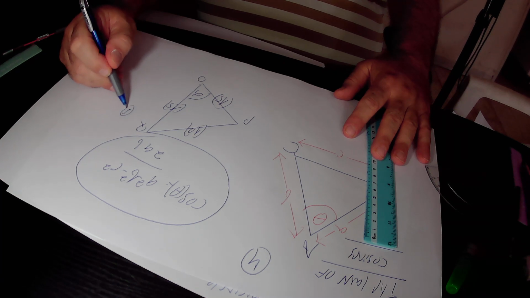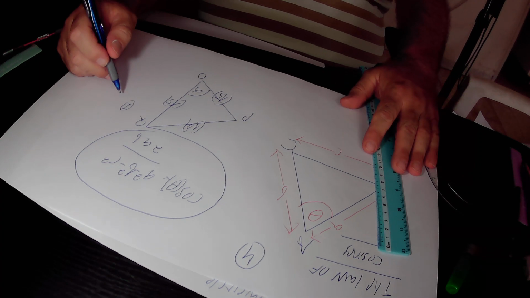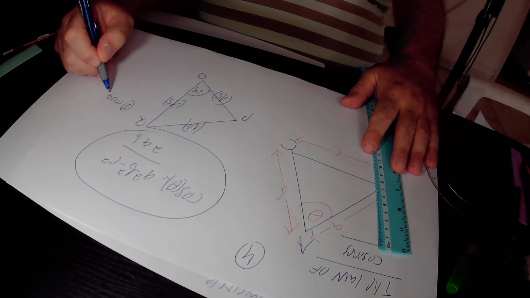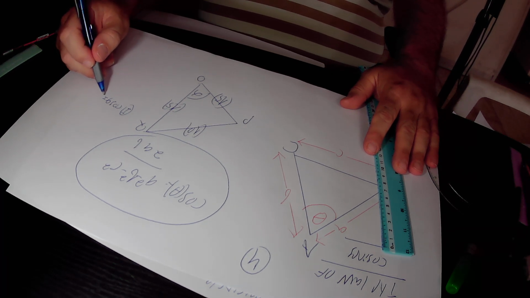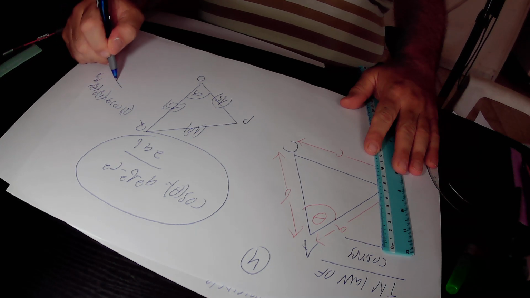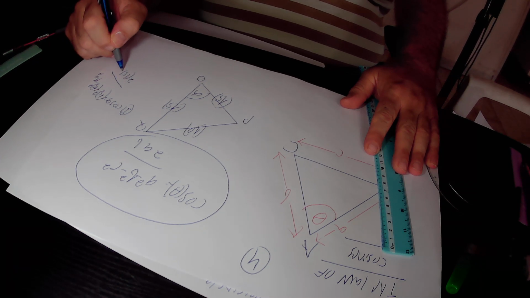this will be equation 1. Cosine alpha equals 15 squared plus 15 squared minus 10 squared divided by 2 times 15 times 15.